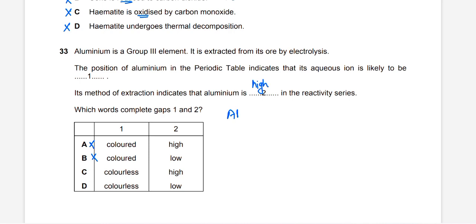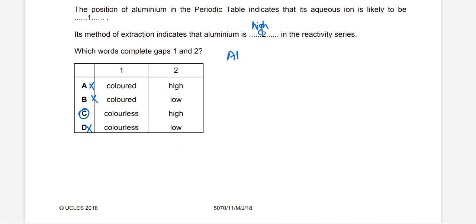So it's colorless and its reactivity is high. Reactivity is low, so that is incorrect. Due to its high reactivity, it cannot be separated by carbon or any other reducing agent like hydrogen.